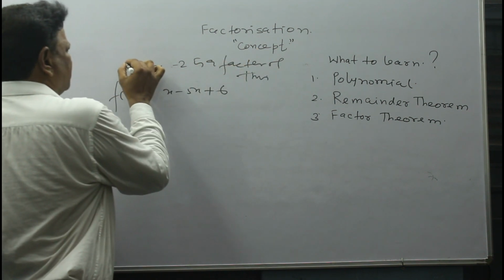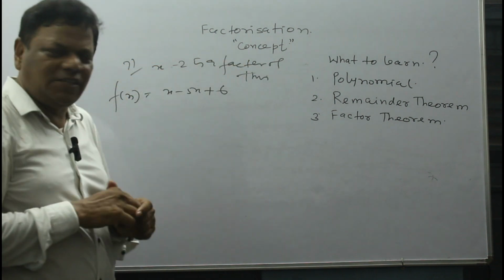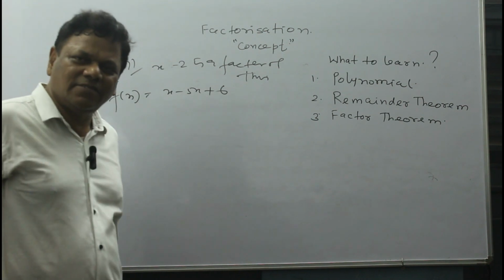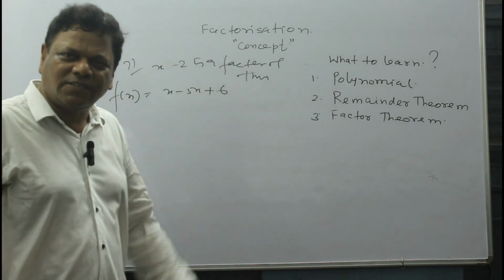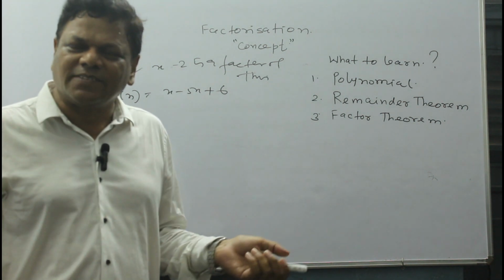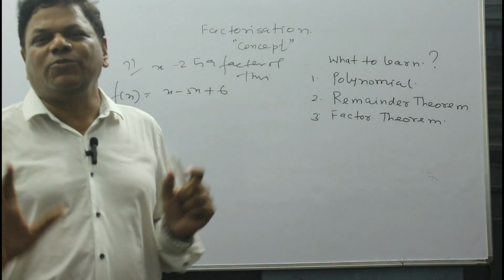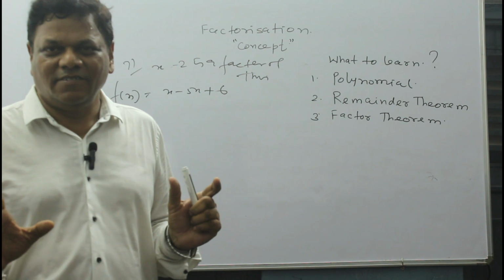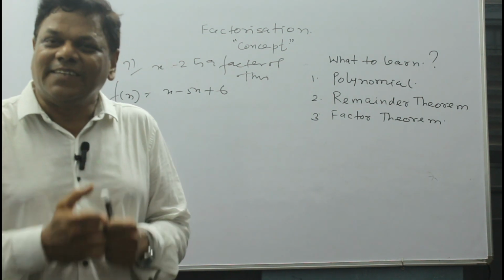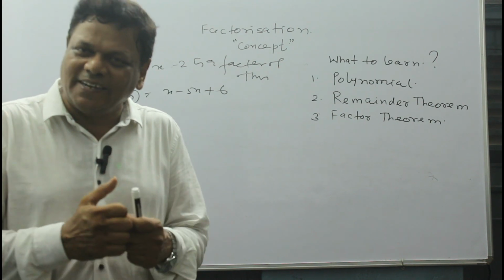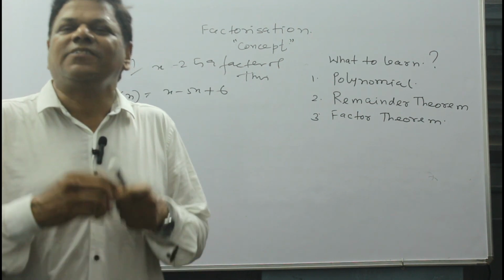What is my question? f(x) is given. I told you to check whether x minus 2 is a factor of this or not. So generally what will you do? You will divide, because we have learnt like that. We will divide and check: if there is no remainder, it is a factor. If there is a remainder, it is not a factor.